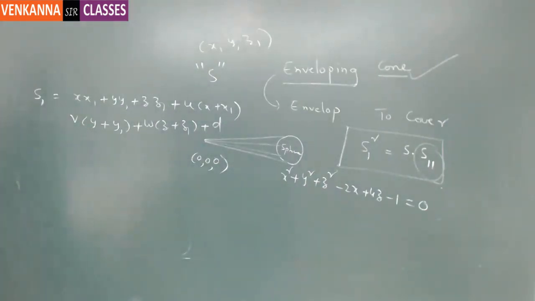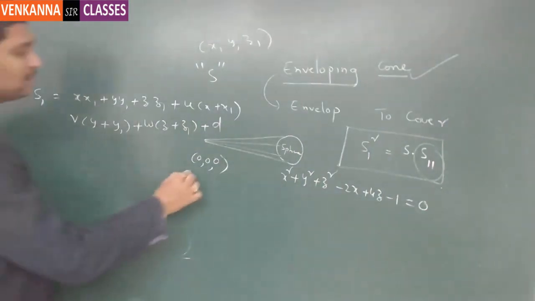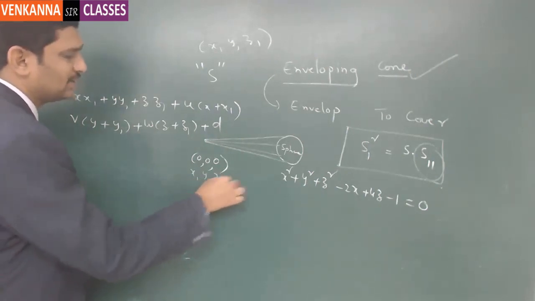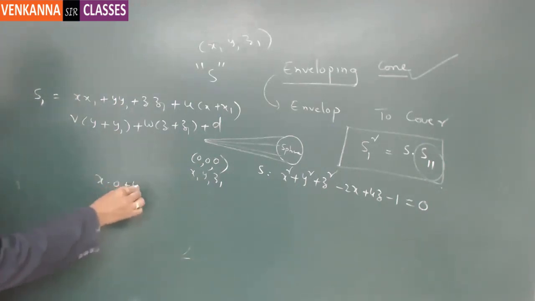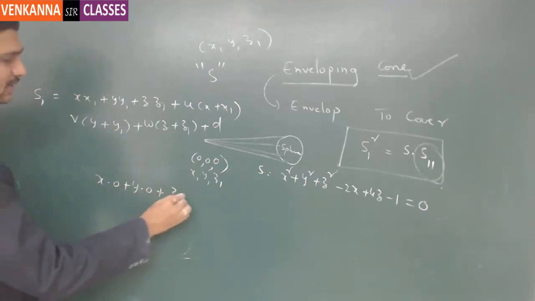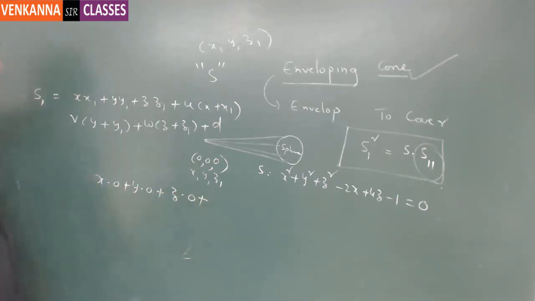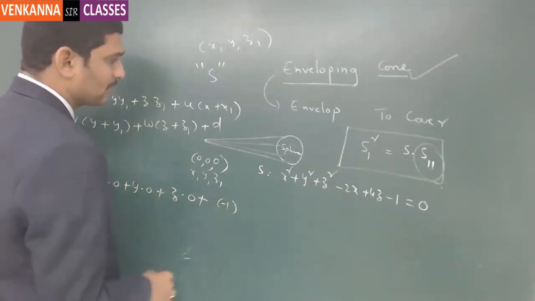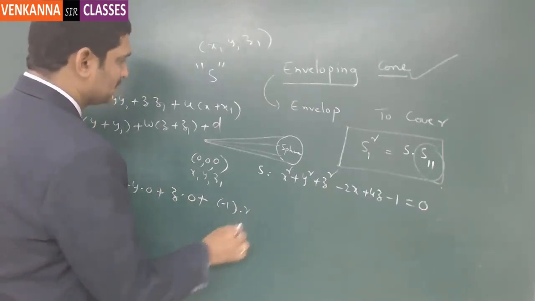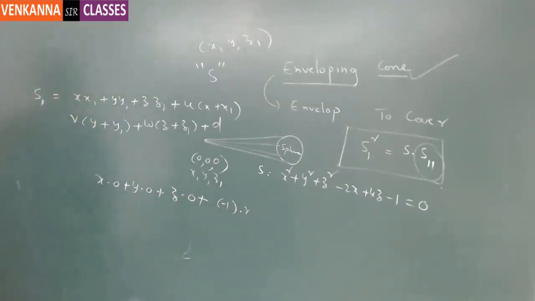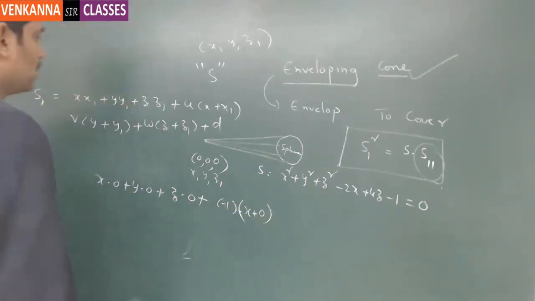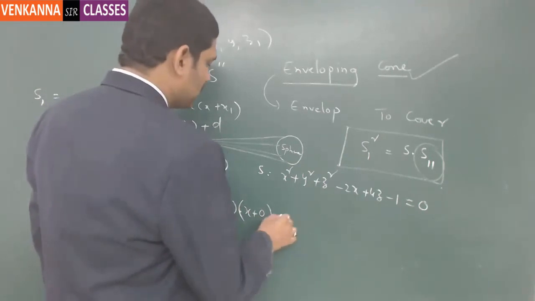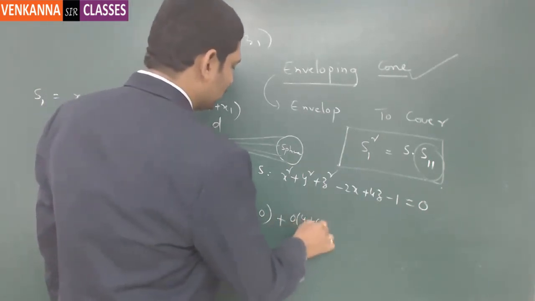If you substitute the values, this is nothing but x1, y1, z1 and this is the sphere S. So S1 square is nothing but x into 0, y into 0, z into 0. Here u value is minus 1, so minus 1 into x plus 0. Here v is 0, so 0 into y plus 0.